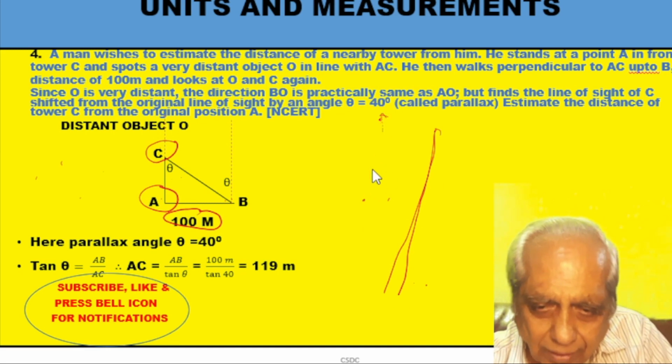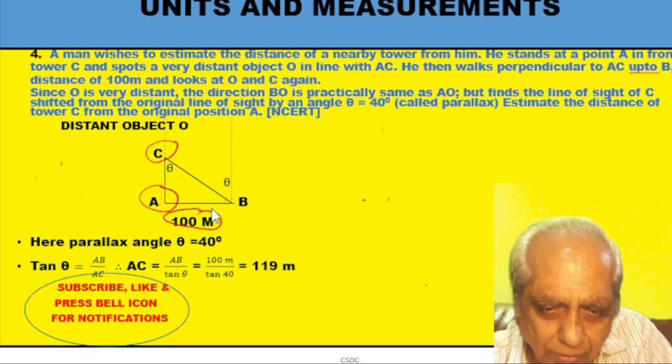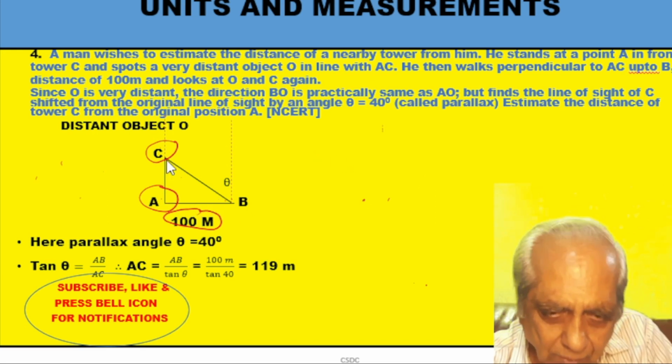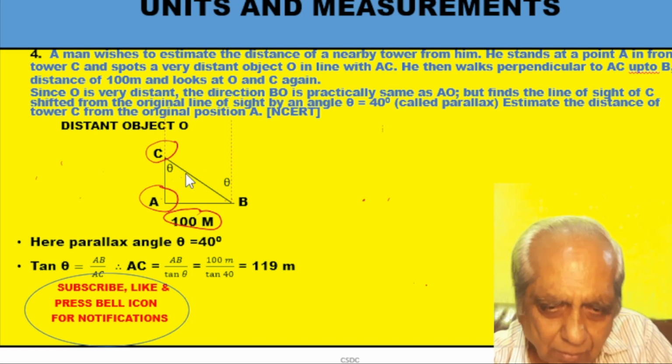So whenever the point is very far away and we are looking at a very small distance, then these two lines become the same.